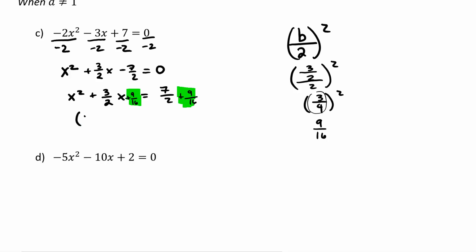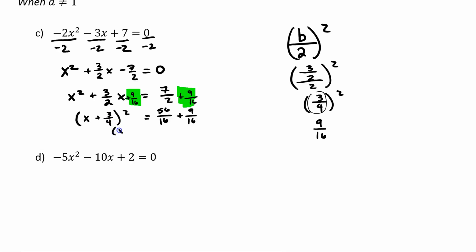Because I'm going to say x plus 3/4 squared equals 7 over 2 plus 9 over 16. I'm just going to multiply both by 8. 7 times 8 is 56 over 16 plus 9 over 16.